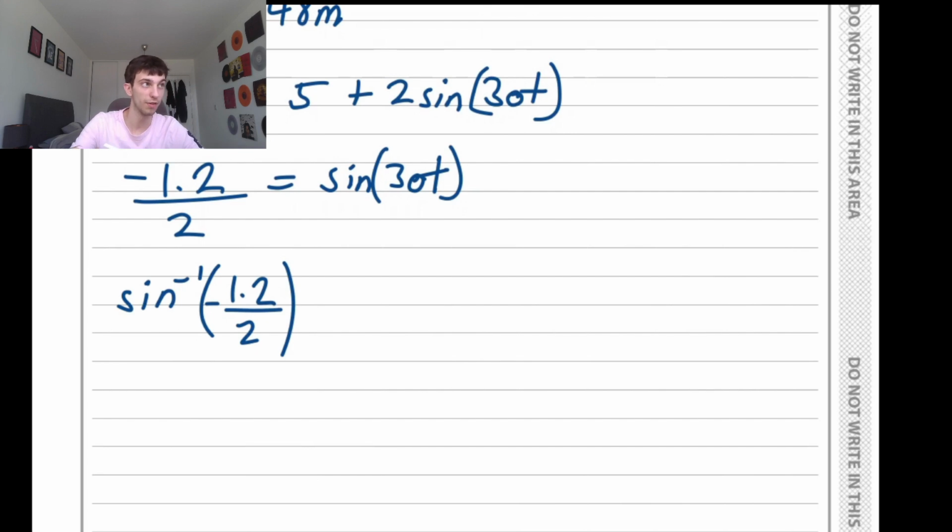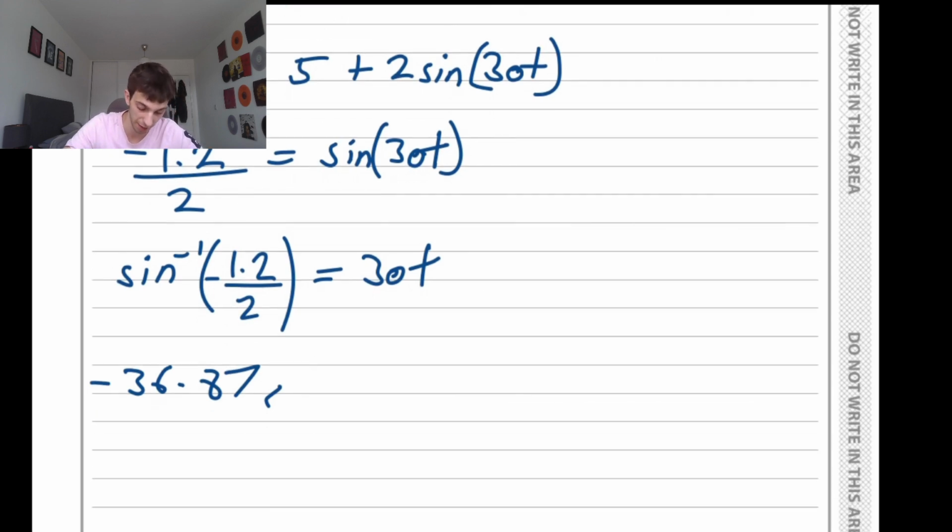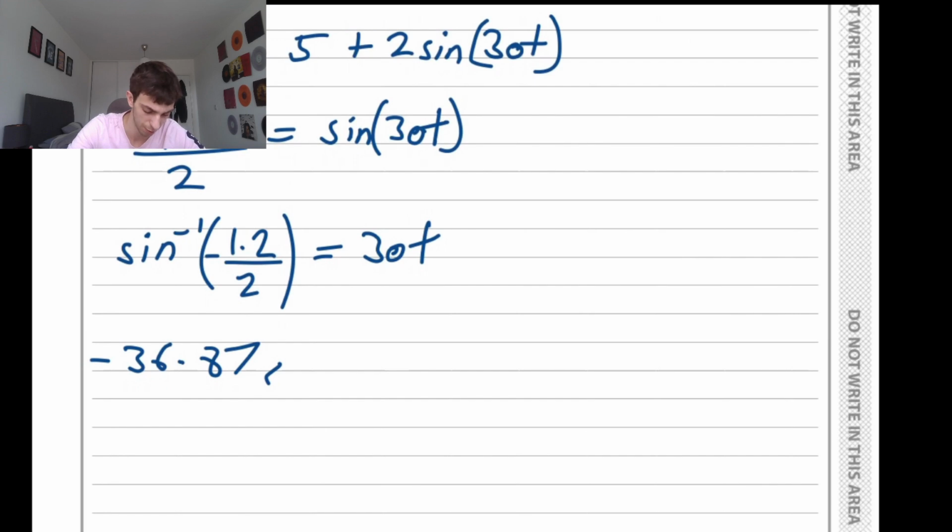So remember, our primary value, we can simply just do the inverse sine of minus 1.2 over 2. That will give us, in degrees, minus 36.87, we'll call it. And once again, if we were to divide this by 30, we would get a negative time anyway, and also it would be so small that it wouldn't even matter.